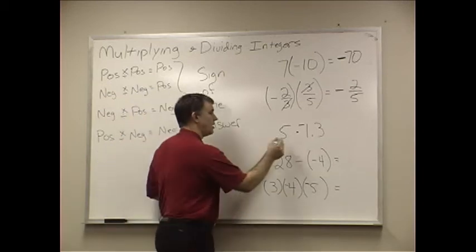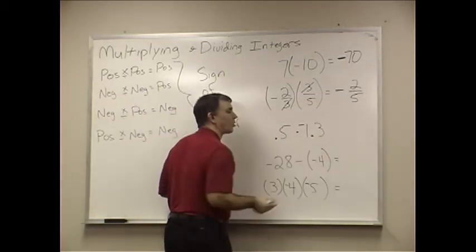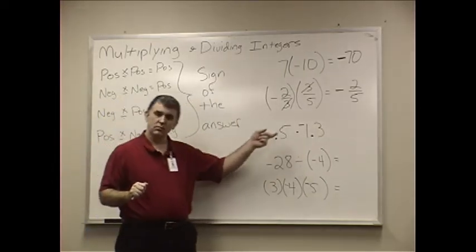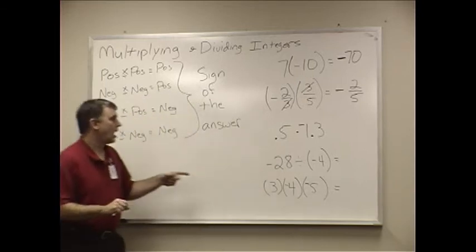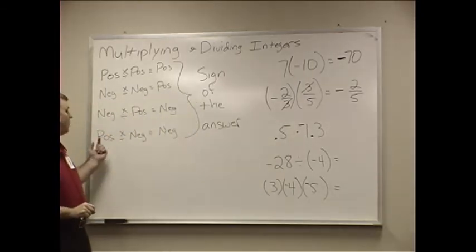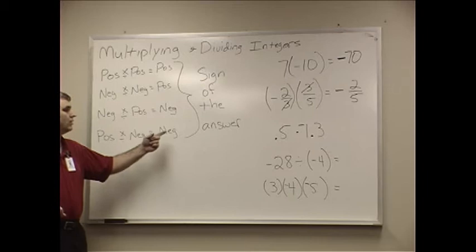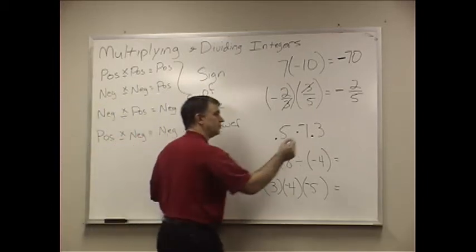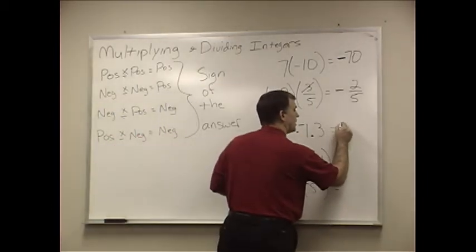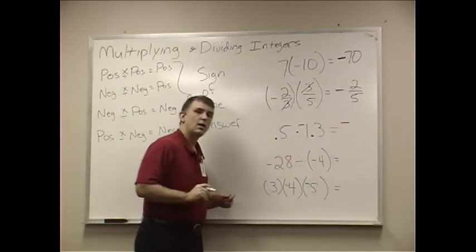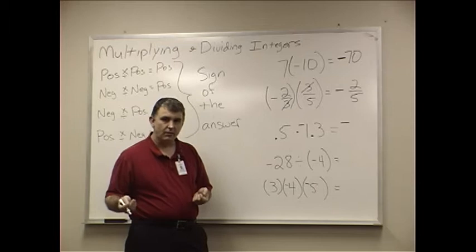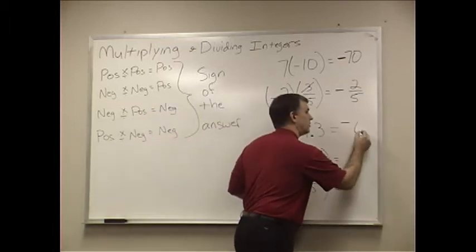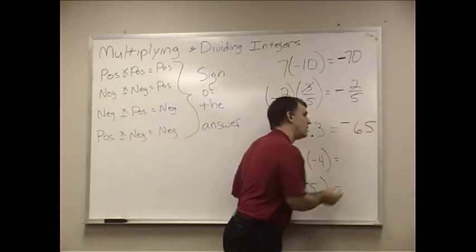On the third one here, I have a decimal problem. Again, not integers, but the integer rules apply. I have a positive and a negative. A positive times a negative is a negative. So we know the answer is going to be negative. Now I'm going to spare you writing out the arithmetic. 5 times 13 is 65.